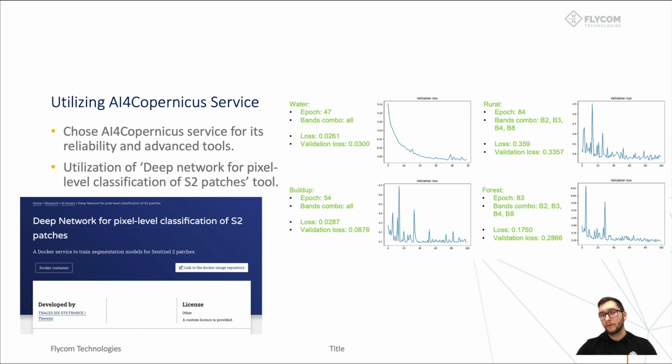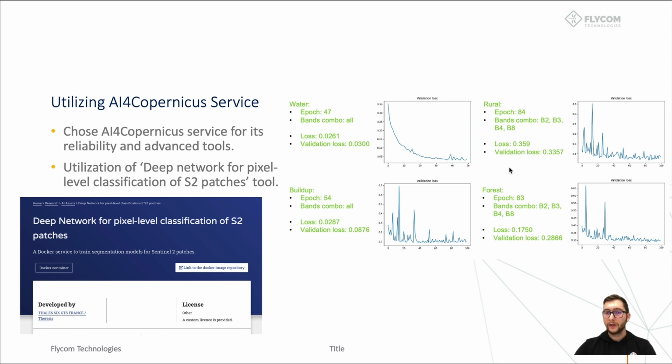And in these graphs, we can see the validation loss value for all training models. As we can see, for water and built-up areas, the detection was most successful, and the best job for predicting the built-up areas is at epoch 54, with a combination of bands that was to use all Sentinel-2 bands.